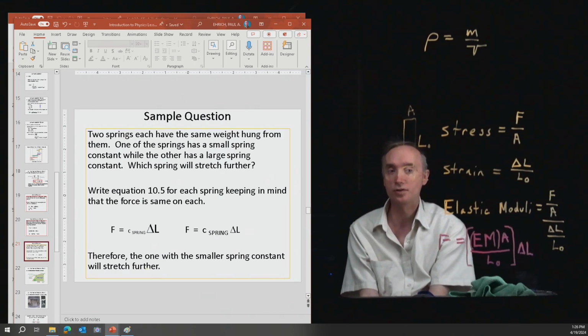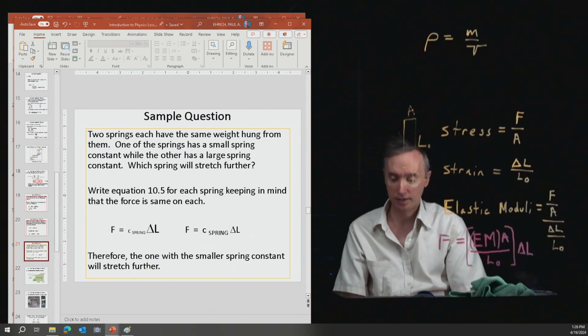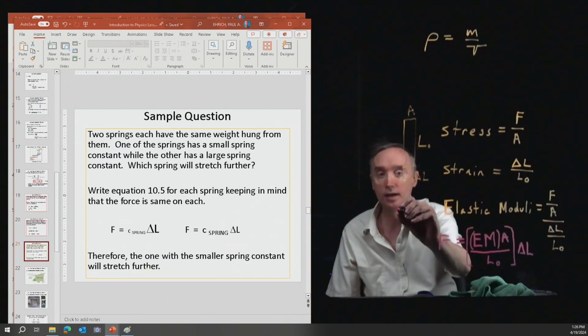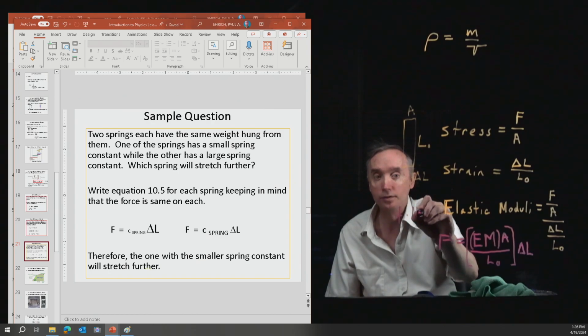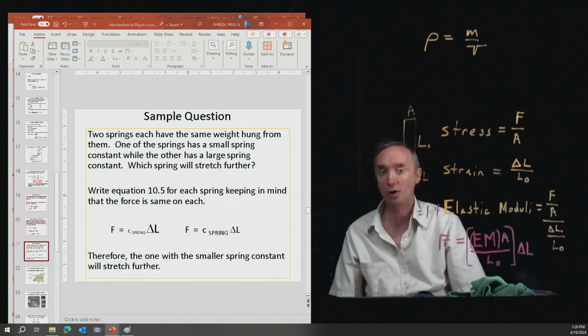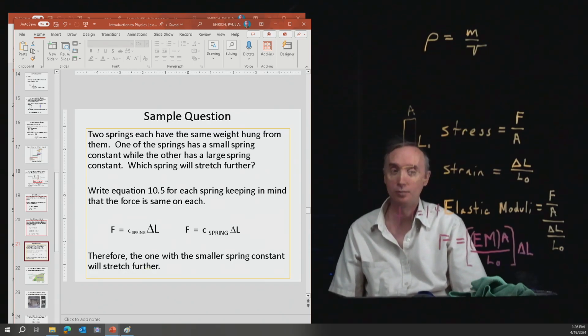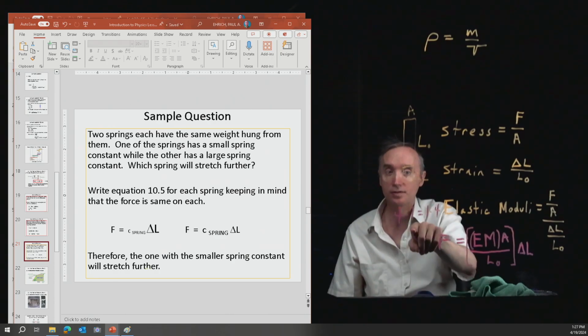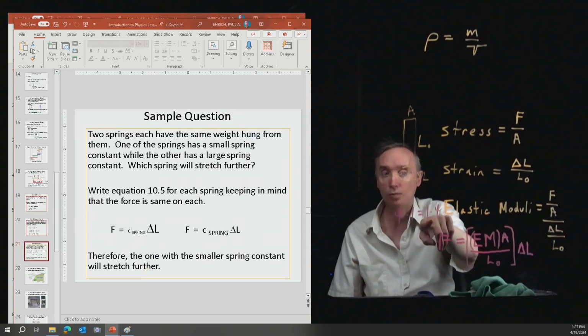Well, you should also notice that in algebra 4 times 1 is the same thing as 1 times 4. So if one number gets small, the other number has to get big in order to compensate. So since they have the same force acting on them, the one that has the small spring constant is going to be the one that stretches the furthest.